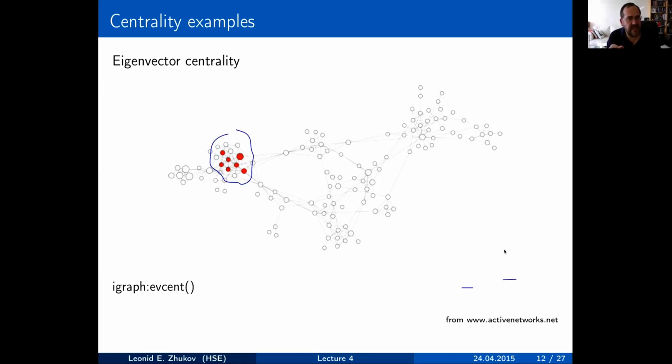And so what's done is we compute the centrality metric using an iGraph function, and we select the 7 nodes that have the highest centrality metric, and they are highlighted here.